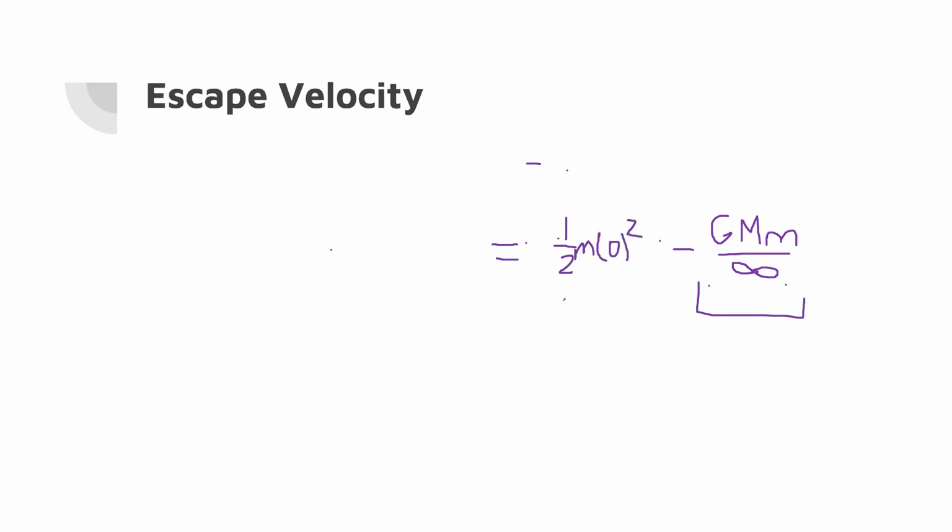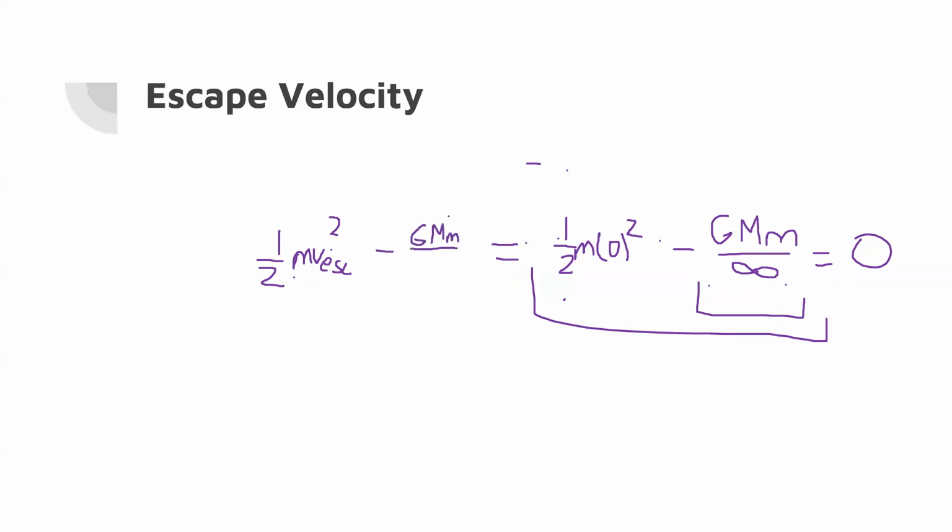So we want its final energy to be zero. Our initial kinetic energy is 1/2 mass times the escape velocity squared, minus the potential energy, G M m over r, where M is the mass of the Earth, since we're talking about the Earth's escape velocity, and r is how far from the Earth the object currently is. Since the small masses m cancel out, we get 1/2 v squared minus GM over r equals 0.